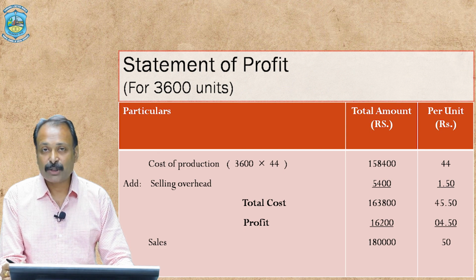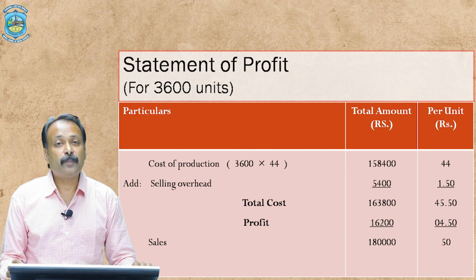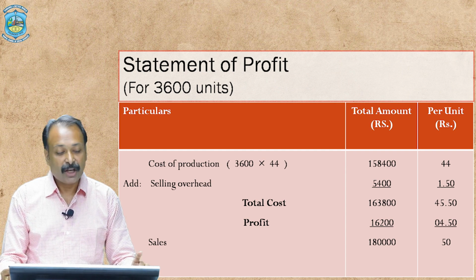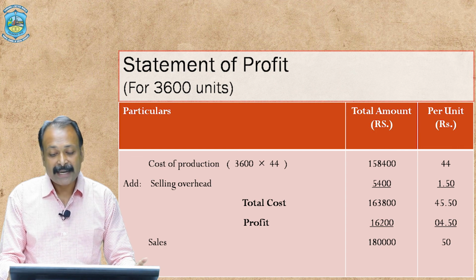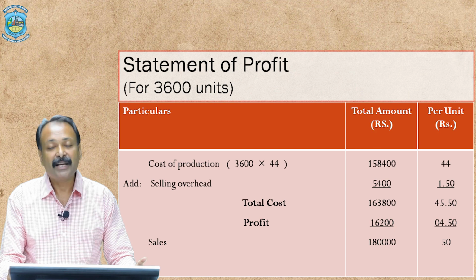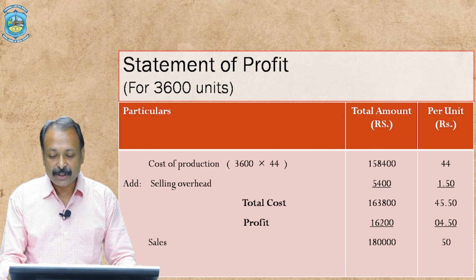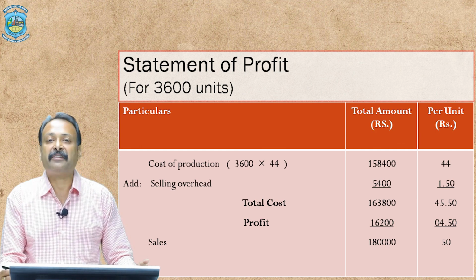Now we know the sales price, it is given in the question: 3,600 units at the rate of 50 rupees per unit. So the total sale price is 1,80,000. So 1,80,000 minus 1,63,800, that is our total cost. Sale price minus total cost gives you the amount of profit. In this question, the amount of profit is 16,200 and the per unit profit is 4 rupees 50 paisa.